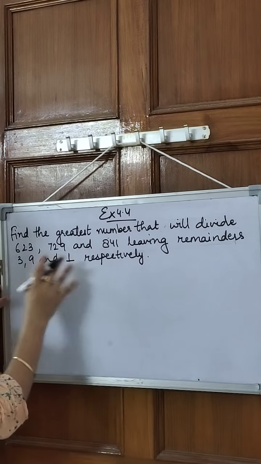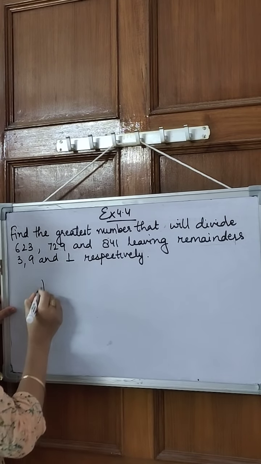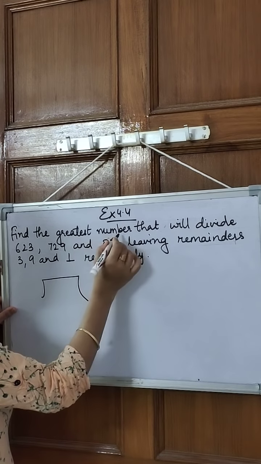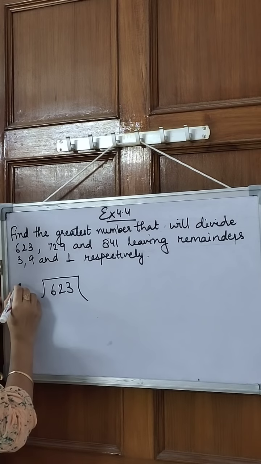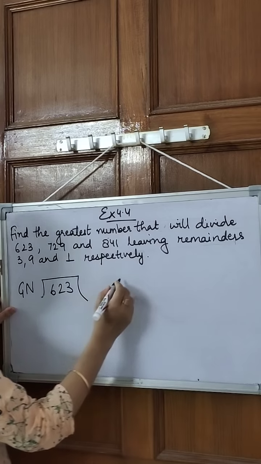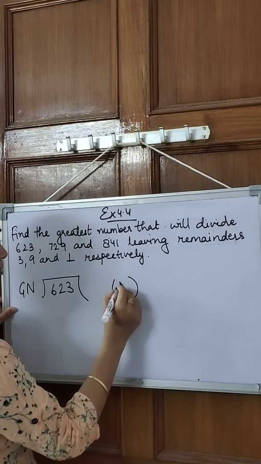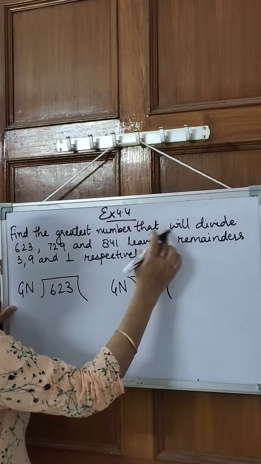Instead of solving it first, let's understand the concept of this question. You have to find a greatest number, so I am writing GN, greatest number. With that greatest number, I am dividing these three numbers. This is what they are saying, that it will divide.